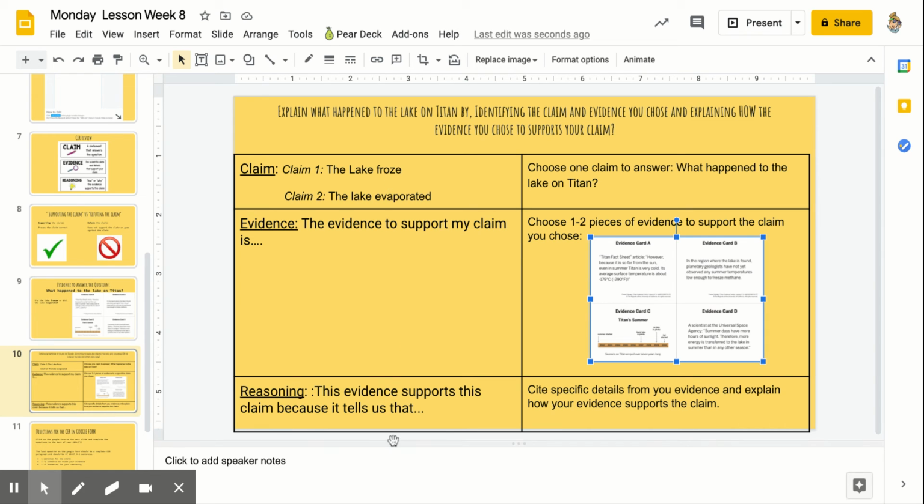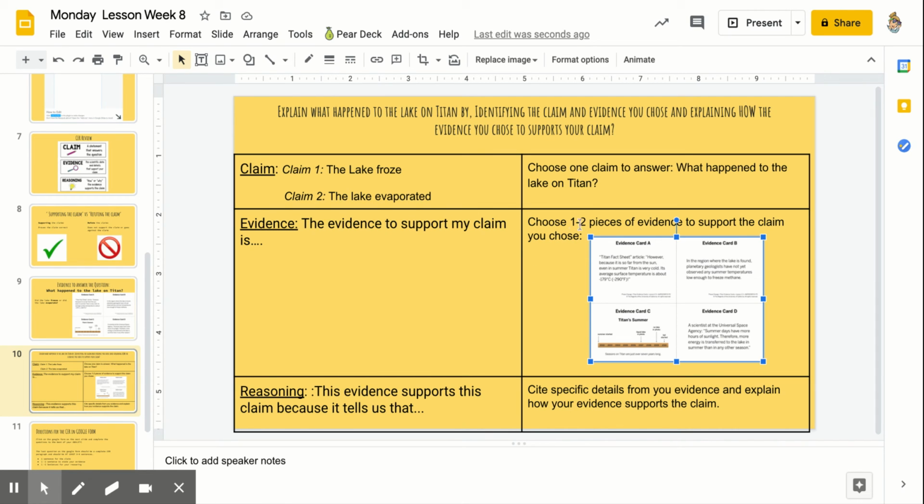Then you need to write your reasoning. This reasoning is going to explain how the evidence supports the claim. You can use the sentence starter: This evidence supports the claim because it tells us that blank. Your paragraph should be at least 3 to 4 sentences.